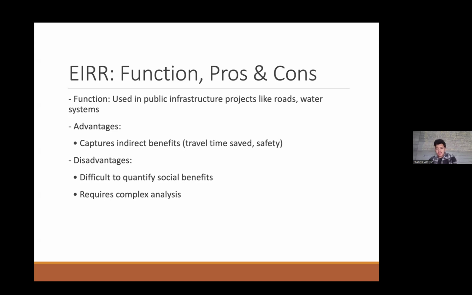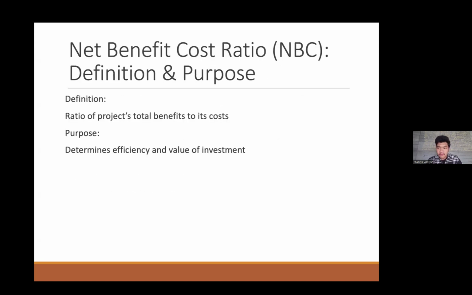And then we are going to talk about the NBC, or the net benefit cost ratio. What is it? The net benefit cost ratio is a simple ratio comparing the total benefits to the total cost. So the NBC calculation is the total benefits of the project divided by the total cost.